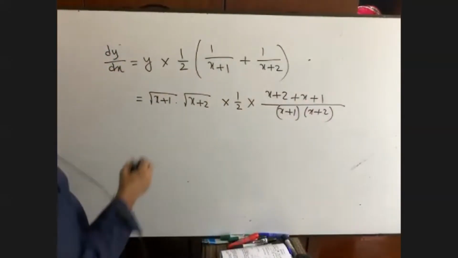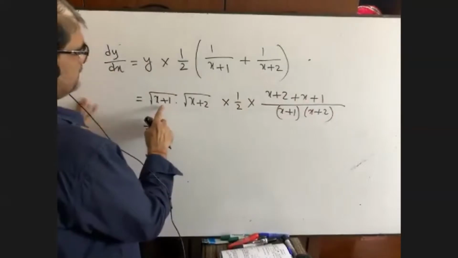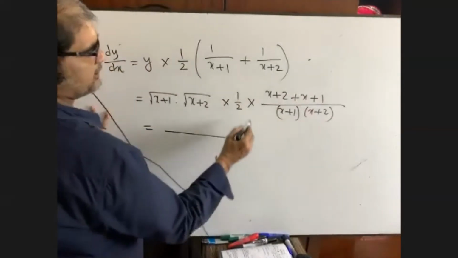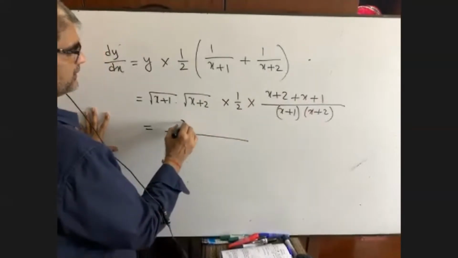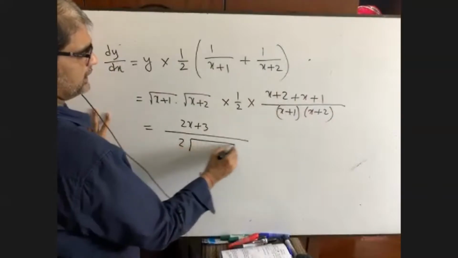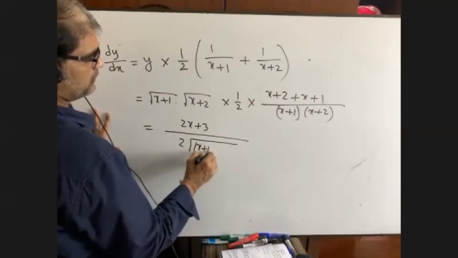Now you see, this and this, there's a relation, okay? So we are getting here 2x plus 3, it is 2, it is x plus 1, x plus 2. Have you got it or not?